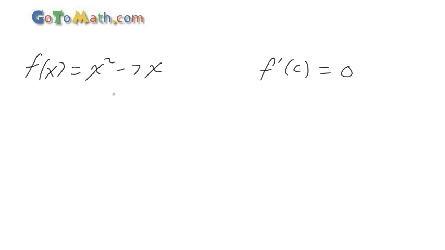Let's see if that's true. We take the derivative, so f prime of x is equal to 2x minus 7. I almost wrote 7x there.